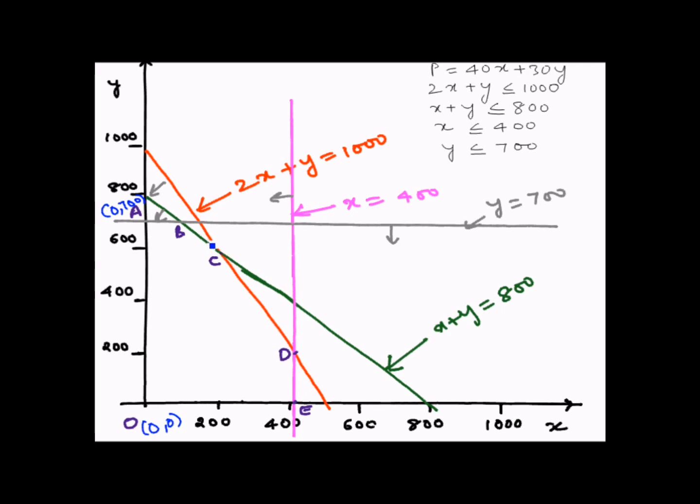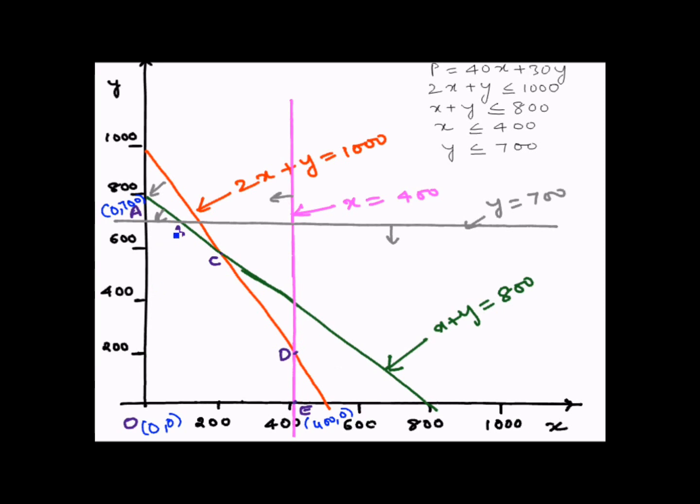So if we solve these two equations, we'll get the value of x and y coordinates for the point C. For point D, again, it lies on the intersection of this red and pink line. So if we solve these two simultaneous equations, we'll get the coordinates of the point D. For point E, the value of x is 400 and the value of y is 0. So the coordinates become 400 and 0.